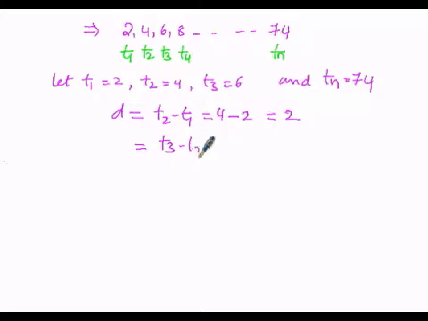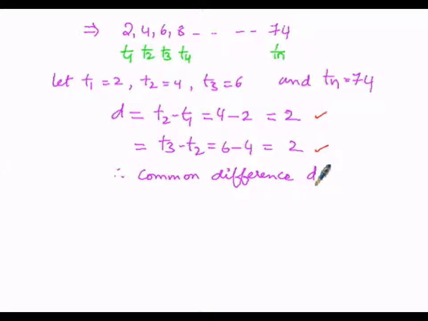T3 minus T2 is 6 minus 4, which is 2. When we observe the right-hand sides of these differences, they are similar, each being 2. Therefore, the difference is common throughout the series, so the common difference D is 2.